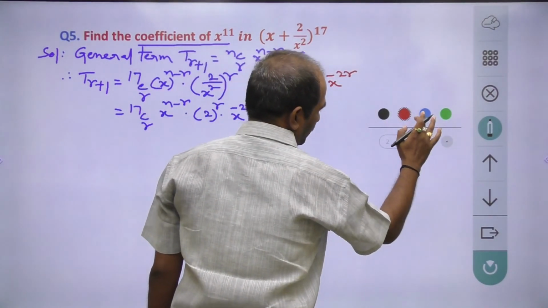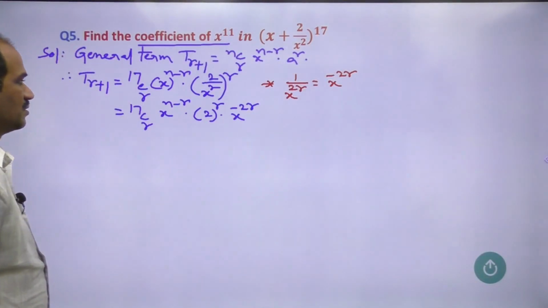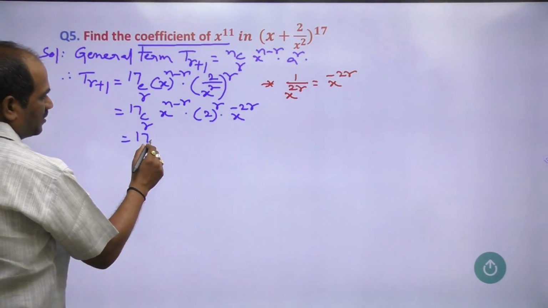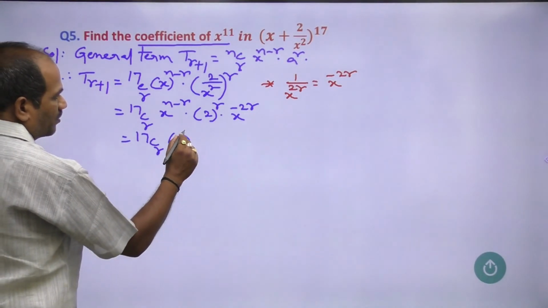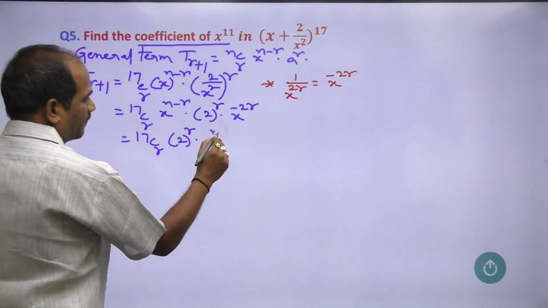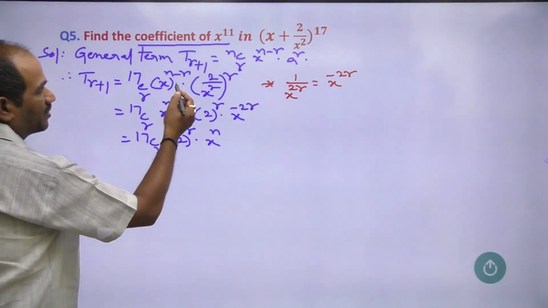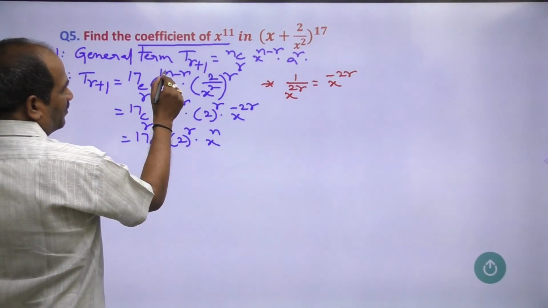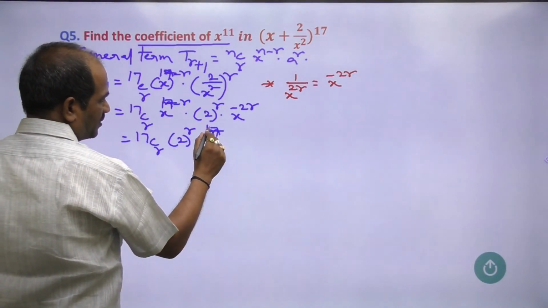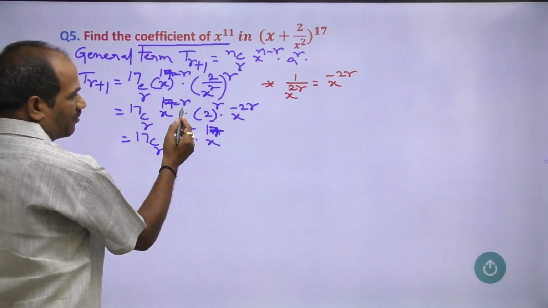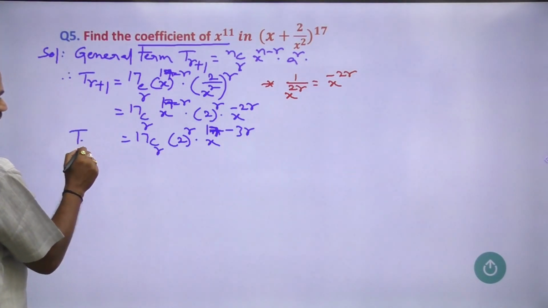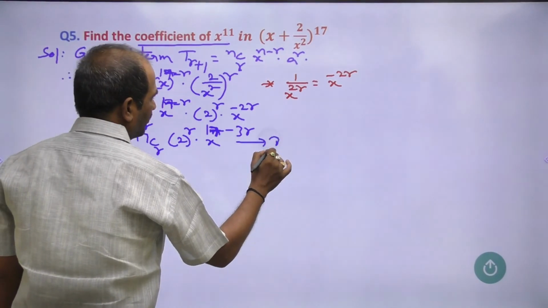Here the bases are equal, so adding powers, that is equal to 17Cr into 2 power r into x power n minus r minus 2r. The n value is 17, so minus r minus 2r is equal to minus 3r. So this value is T(r+1), that is T(r+1) is equal to 17Cr into 2 power r into x power 17 minus 3r. This is equation number 1.